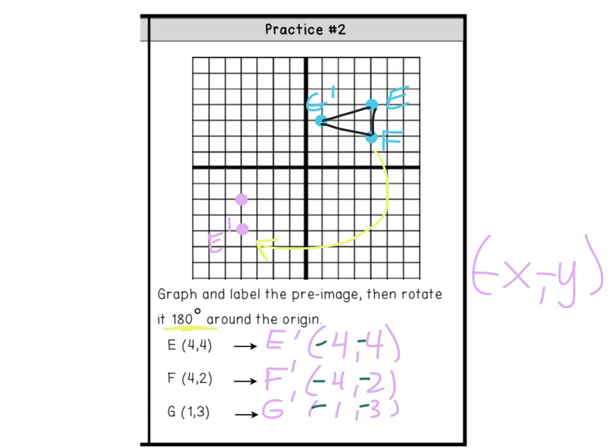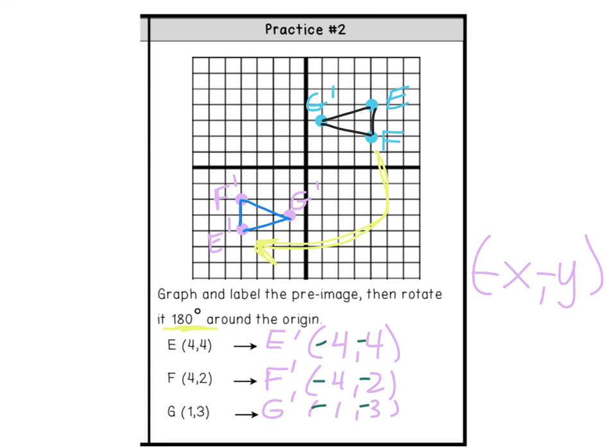Mark that F prime. And then our last one is -1, -3, and that is G prime. Okay, and connect it neatly. And so we can see, yeah, it turned 180 degrees. So that looks like we did it right.